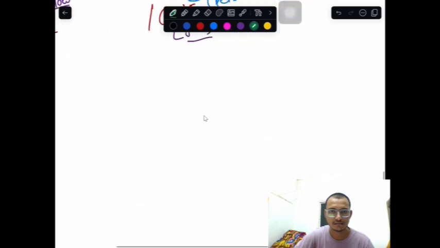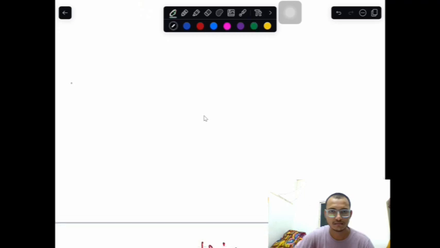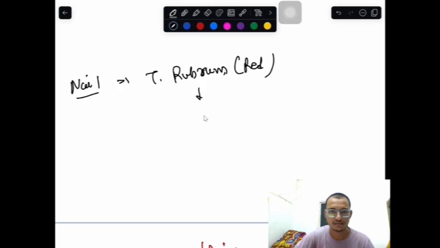The other thing we have to remember is the nail part. Nail is caused by Trichophyton rubrum. Rubrum means red color. On KOH we see a white colony. They have both micro plus macroconidia, like this.